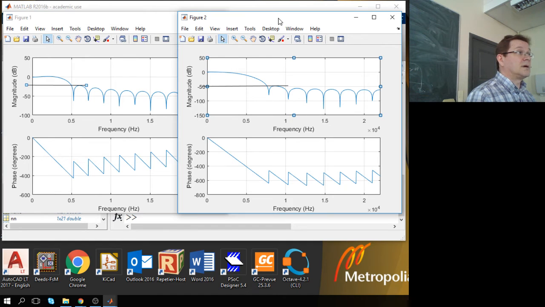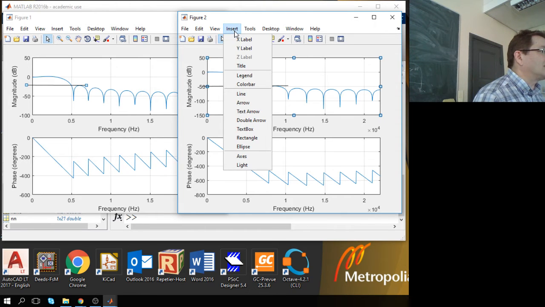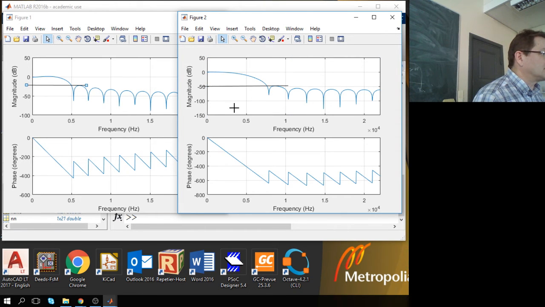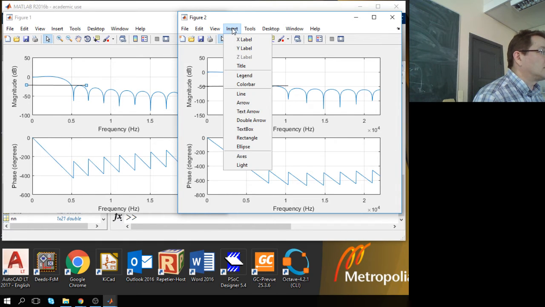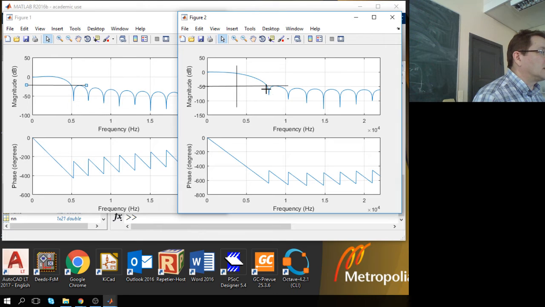Okay. However, the transition bandwidth is now wider. Transition bandwidth basically comes from, let's see, that's about 4 kilohertz, or from here to here.